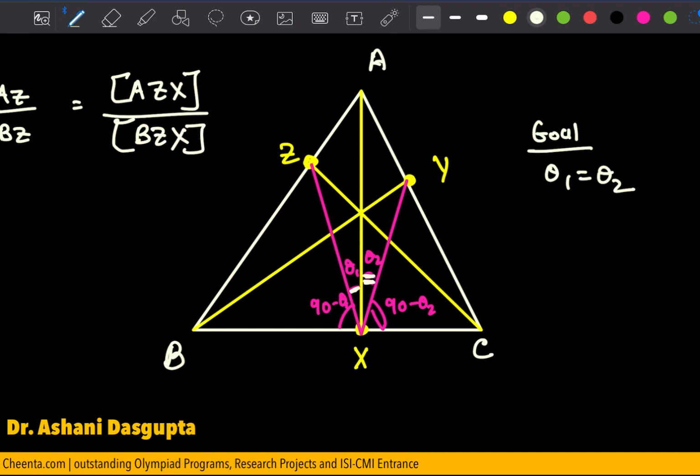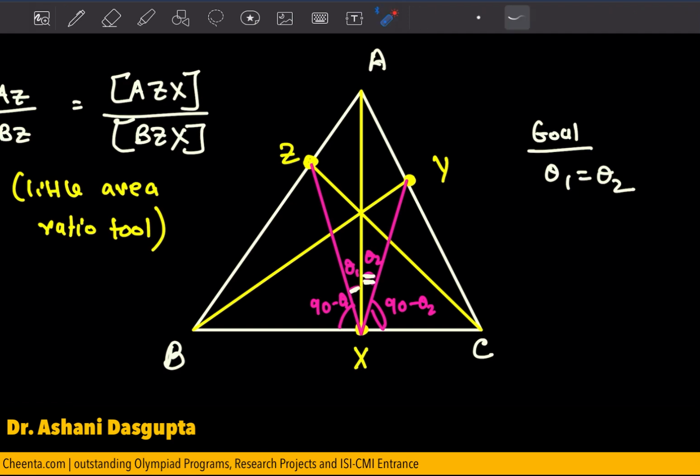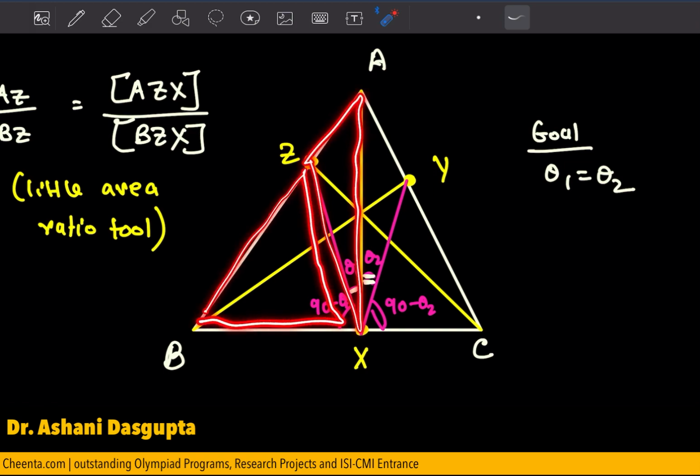This is a very powerful little tool. I call it the little area ratio tool. It's very effective. If you want to find the ratio of areas of two triangles, it's basically equal to the ratio of their bases, because the height cancels off. Both of them have the same height because they have the same vertex and the bases are on the same straight line.